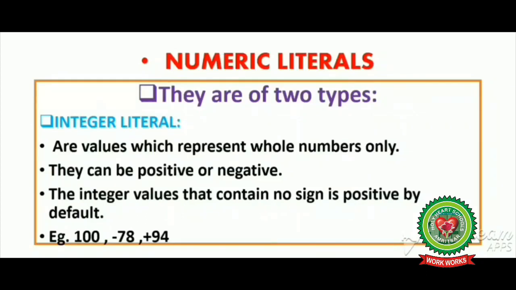Integer values that contain no sign are positive by default. Means if you have written 45 without a plus or minus sign, it is positive by default. For example, 100, minus 78 and plus 94. These values come in the category of integer literals.